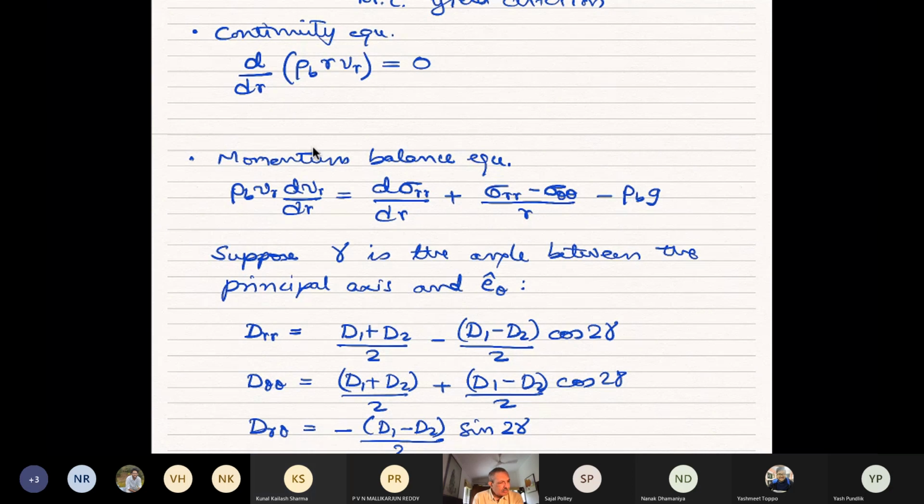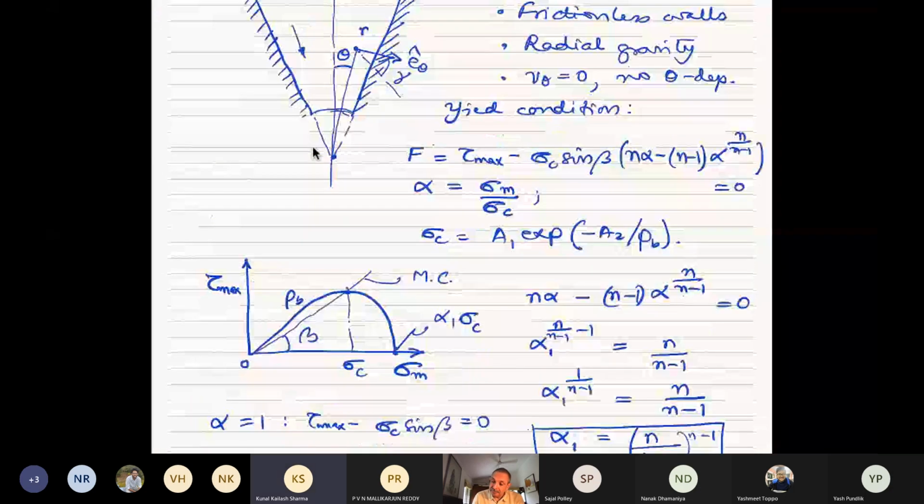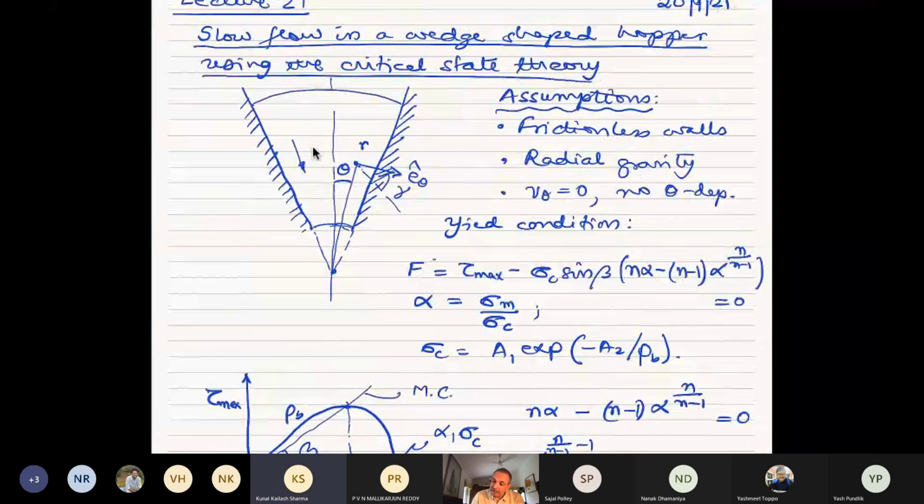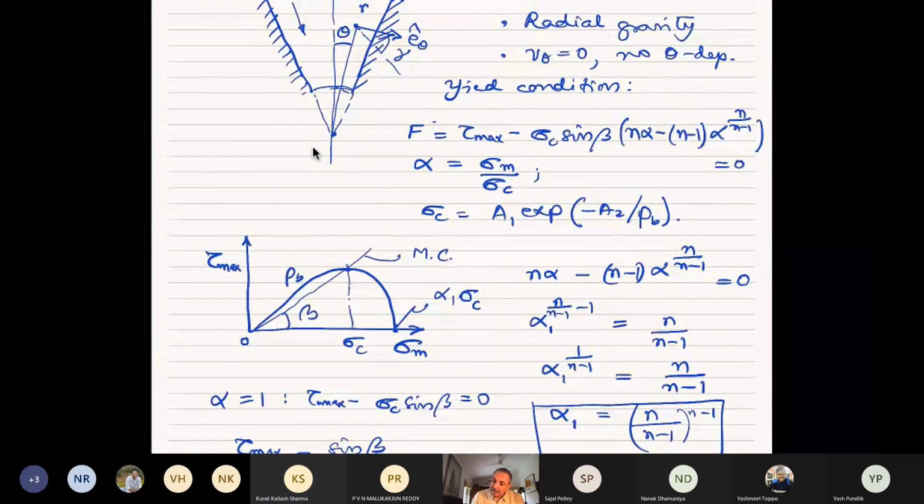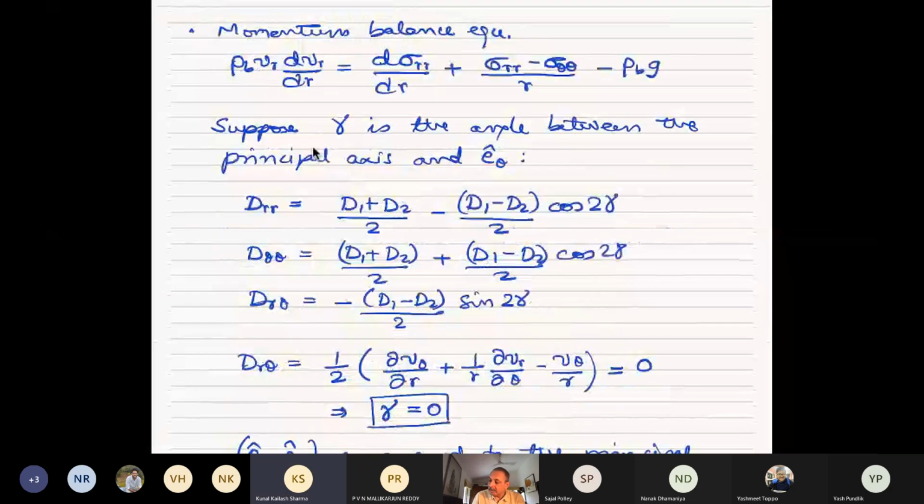But we are sort of trying to do this just as an exercise. So we are saying that for all angles, we are always going to take g to be radially directed. That means we are not bothered about the cos theta part. Of course, if you wanted to do an experiment, then it's difficult.